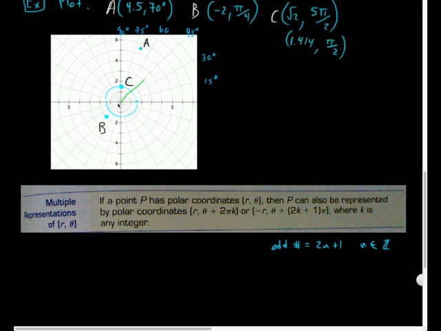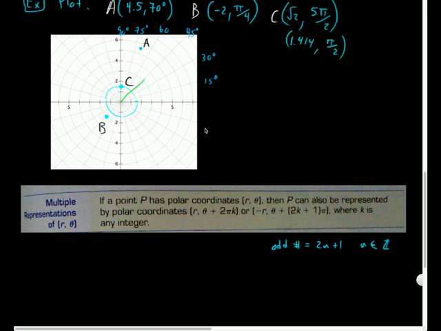we considered being out at, what was it, pi over 4. But if I add an odd number of pi, or 180 degrees, I would have landed on the same value. Or if I add another 180 degrees, or actually no, that would be an even number of pi, wouldn't it, right? That'd be 2. So if I spin around 3 times, or 5 times, I can land in the same location.